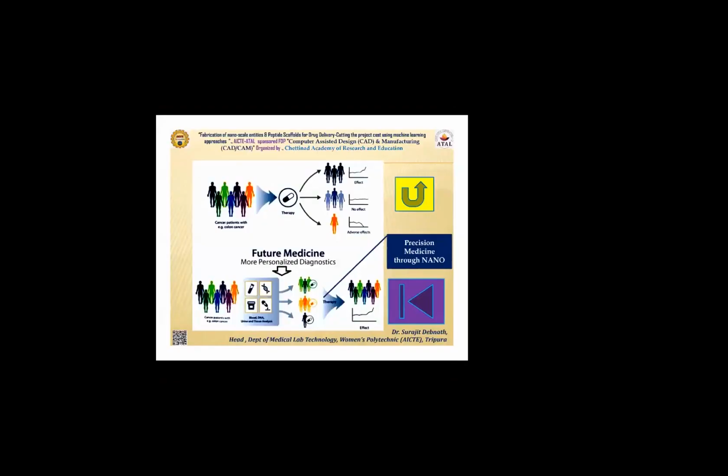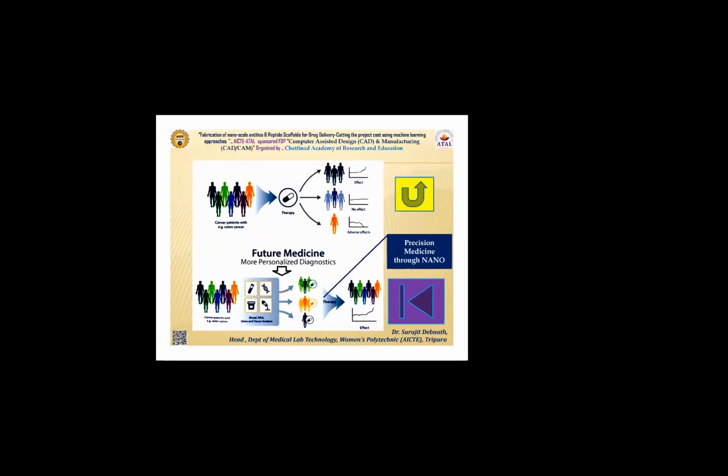Now, what is the need of these kinds of things? The main reason behind this kind of adventure is more or less to go towards precision medicine. In precision medicine, a single drug will not be acting on everybody. A particular drug will be used for a particular reason or for a particular person.